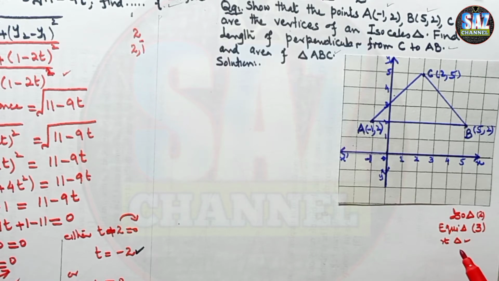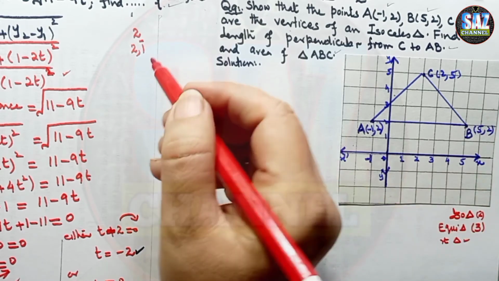Otherwise, we will see what type of answers we are getting, and we will decide the type of triangle according to the answers. And the second is to find the length of perpendicular from C to AB. And then finally, we have to find the area of the triangle. So let's move to the solution of the question.